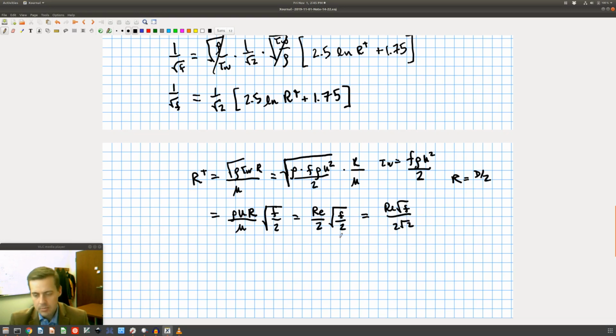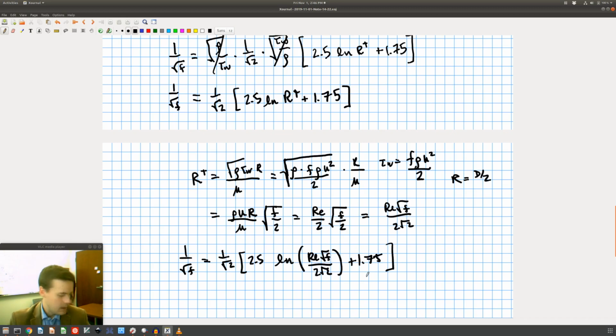Now let me come back out here. I have 1 over square root of f equals 1 over the square root of 2 multiplied by 2.5 natural log of the Reynolds number square root of f divided by 2 root 2, plus 1.75.